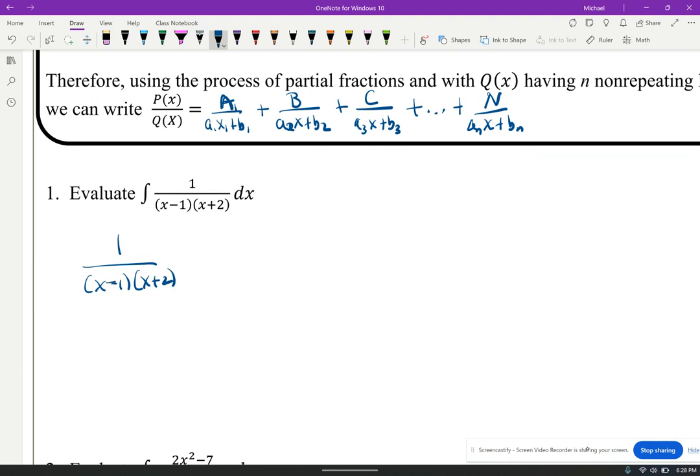If I have a rational function, and if I can factor the denominator, which, by the way, in number one is already given to me factored, then this will equal some number over the first factor plus another number over the second factor. Now, what those numbers are, I don't know yet, but this is a true statement.